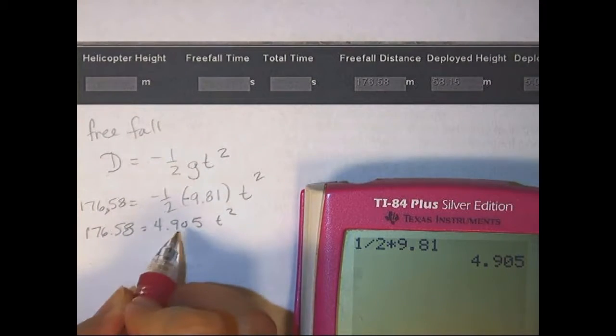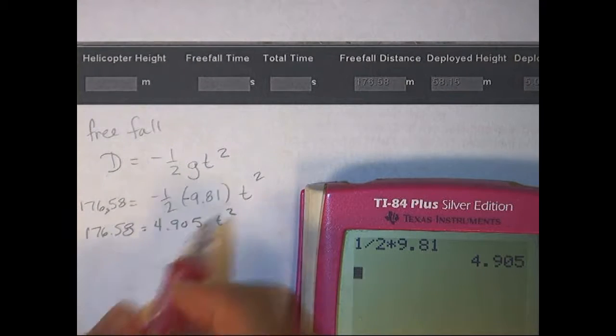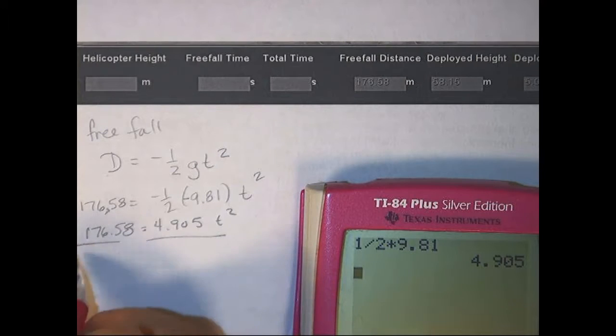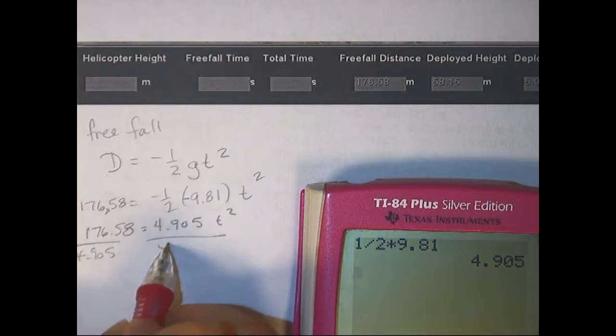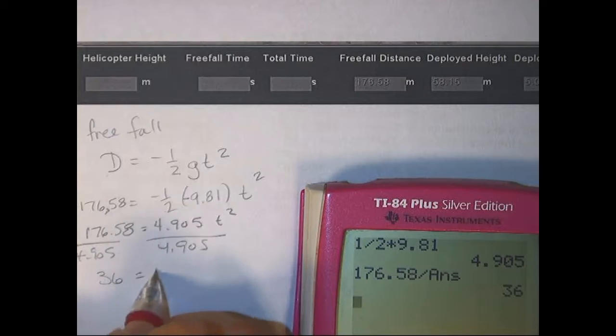Notice that I'm not rounding this off. If you round these off in between, you're going to get these wrong. Then how do I solve this? Well, I divide both sides, and I get 36 equals t squared.